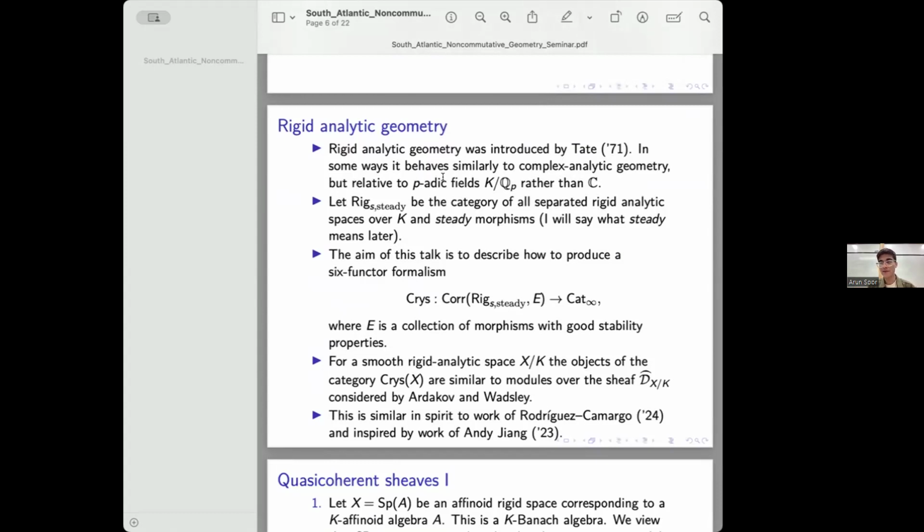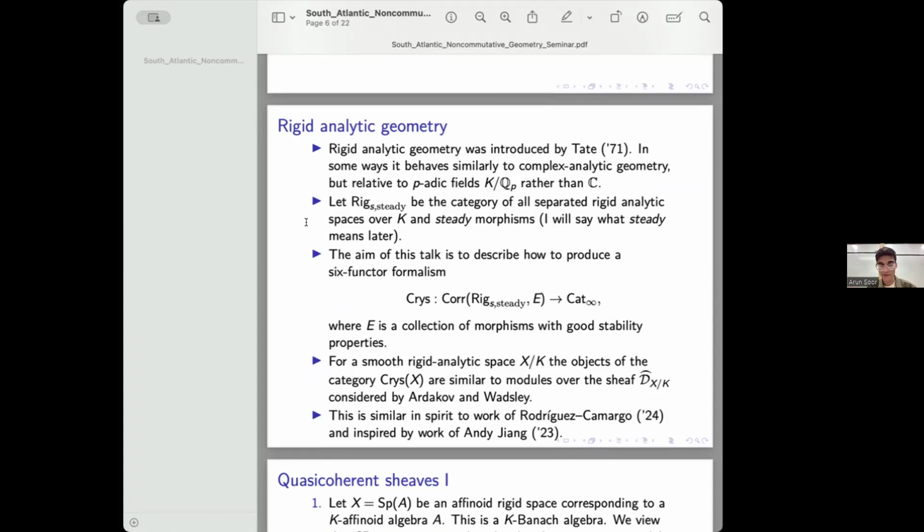But rigid analytic geometry is done relative to p-adic fields, which are by definition complete extensions of Q_p in my case, rather than the complex numbers. In this talk, we're going to consider separated rigid analytic varieties, that's what the S means here, with steady morphisms. I'll tell you what a steady morphism is later.